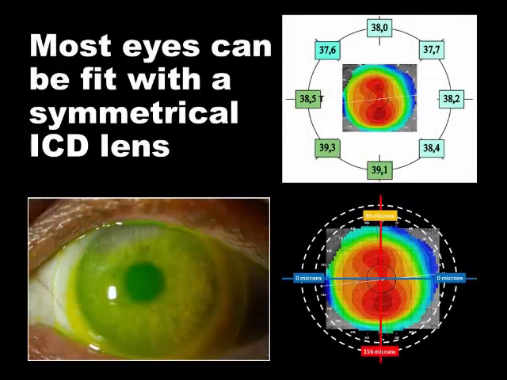Now lastly, we're going to address the new ICD Toric, and we know that most eyes have slight asymmetry in angle and slight asymmetry in the elevation. However, because scleral lenses sink into the conj, they'll often eliminate any kind of asymmetry that exists.